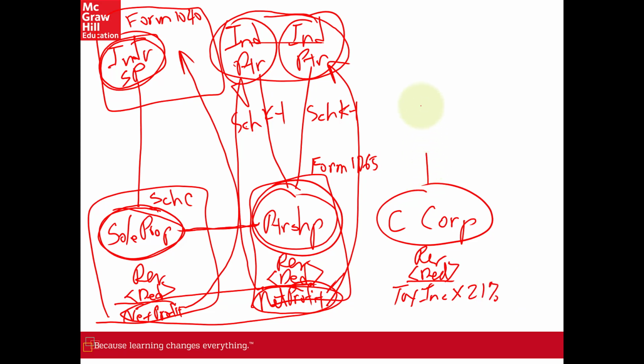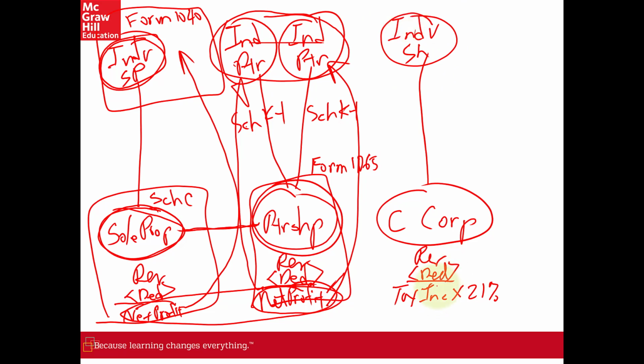Now, our corporation is going to be owned by, again, let's keep it simple, individuals like you and me, called shareholders. And you can have at least one, or thousands, or in theory, millions of shareholders.